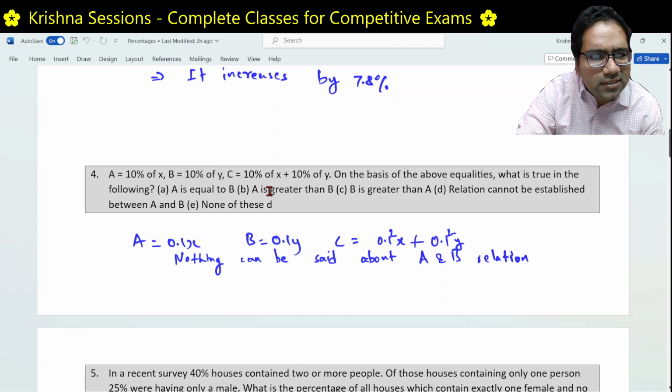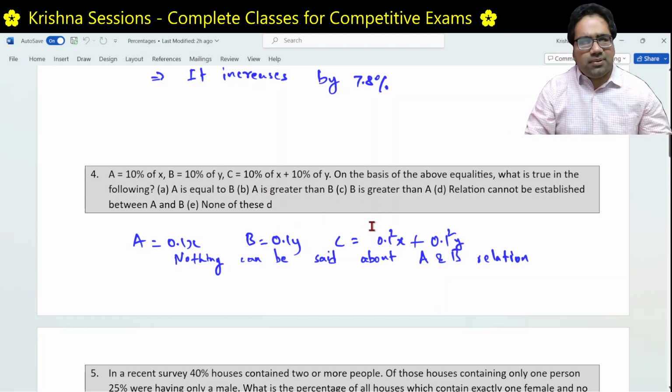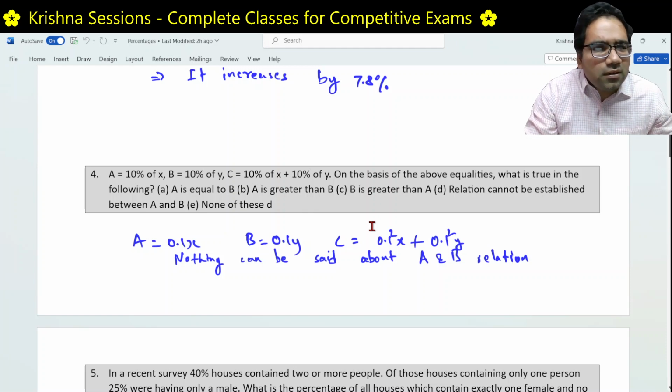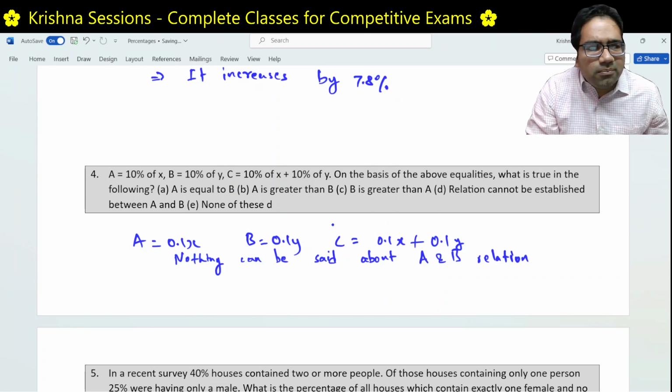Sorry. Here what it is saying, C is equal to 10% of x plus 10% of y, which is equal to 0.1x plus 0.1y. On the basis of the above, C is equal to A plus B, right?